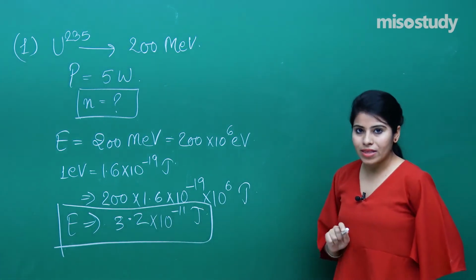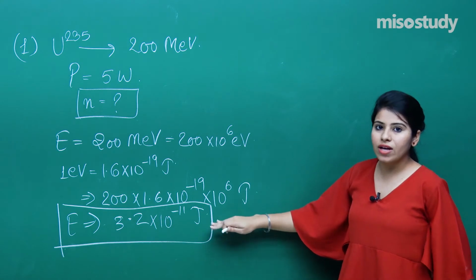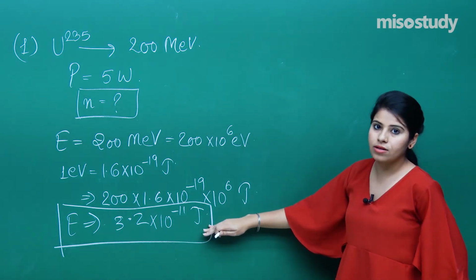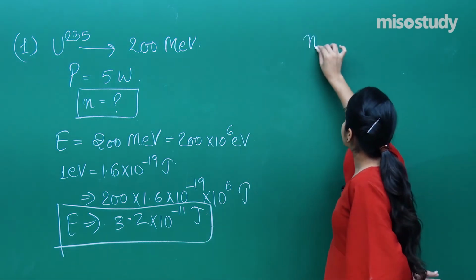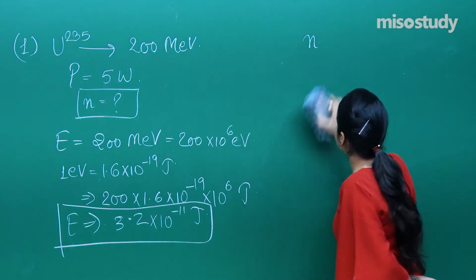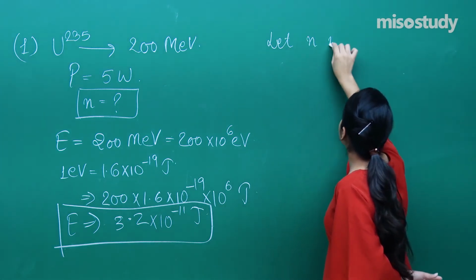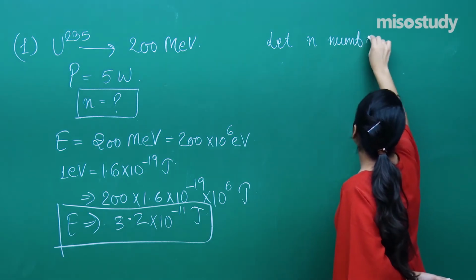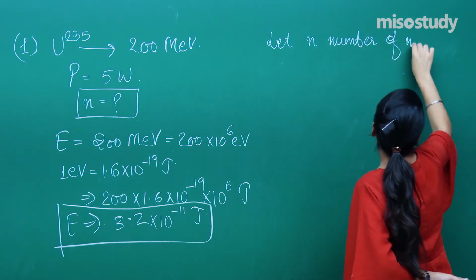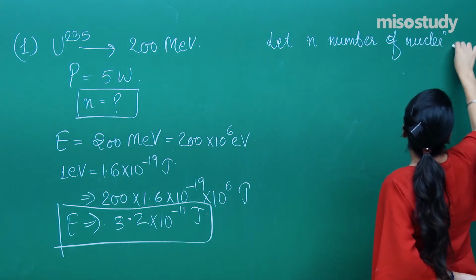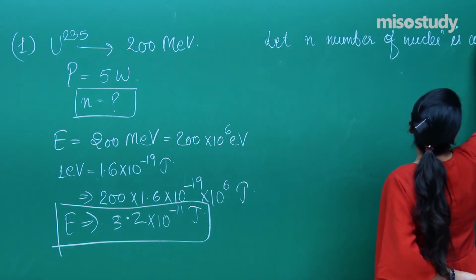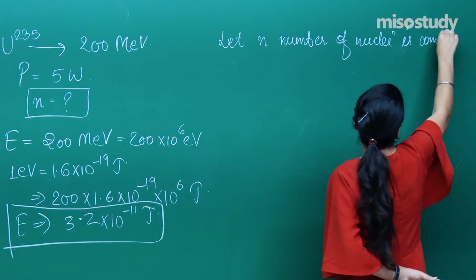As I told you, the total energy with us is in joules right here. Suppose, let me write one thing over here, let N number of nuclei come out in the fission.